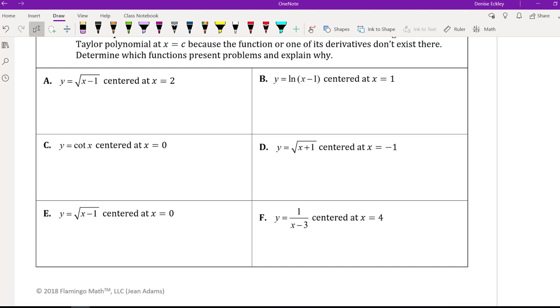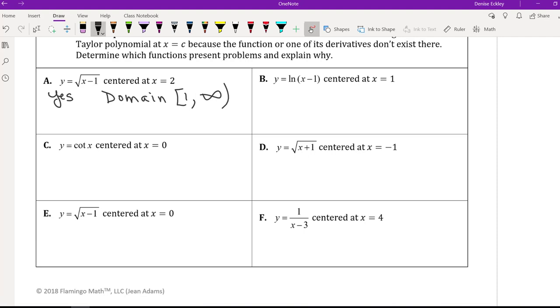Letter A is y equals the square root of x minus 1 centered at 2. The answer is yes, we can write a Taylor polynomial here because the domain is 1 to infinity, and 2 falls in that domain.